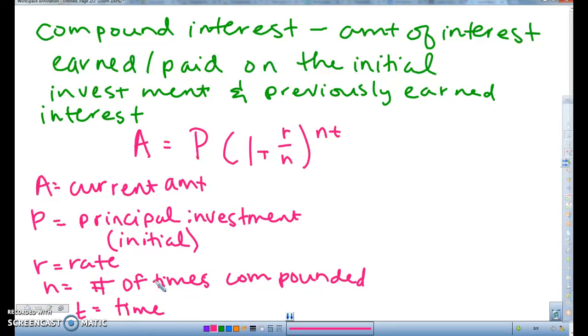So let's go ahead and work an example with our compound interest. So let's say that your parents were thinking ahead when you were little, or maybe Miss Hawkins, who just became a grandmother, is thinking ahead and is creating a savings account for her grandson.